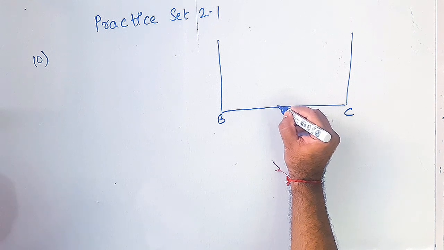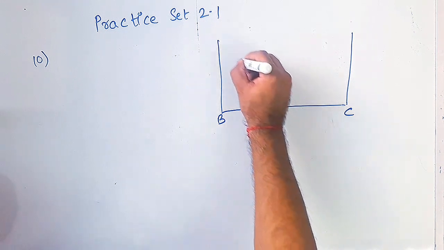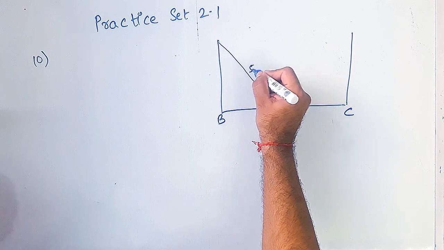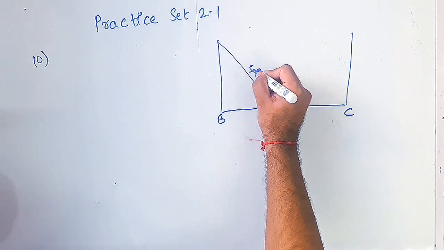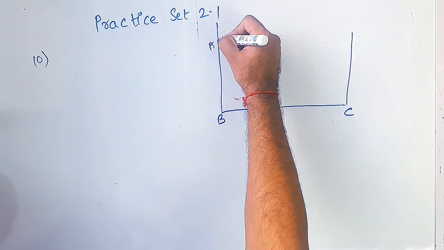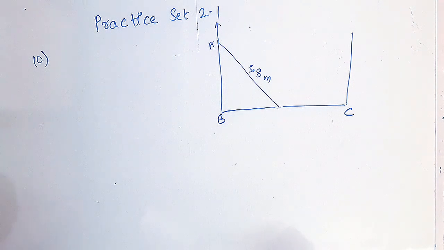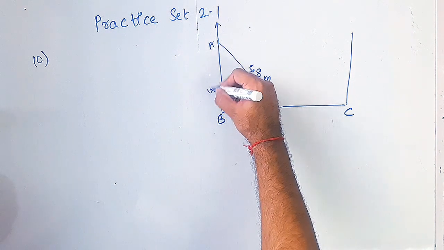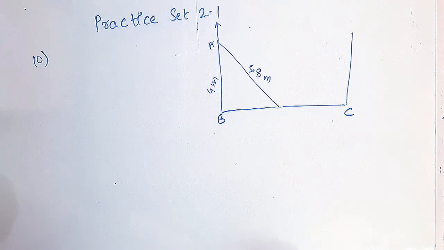So suppose here is the ladder and this is 5.8 meter. It reaches the top of one building at 4 meters height.